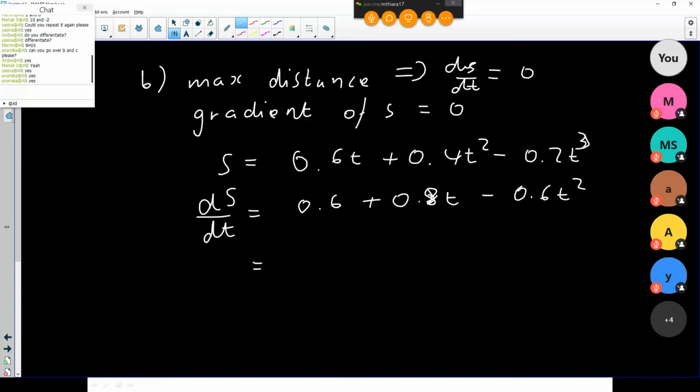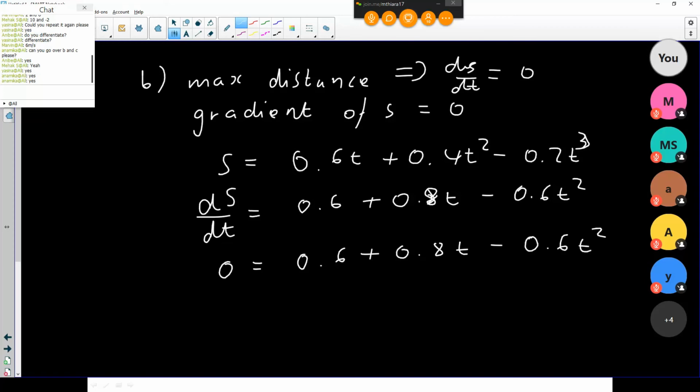Right, okay. Again, I don't have a calculator, so you're going to have to solve that quadratic. Well, firstly, you're going to make this gradient equal to 0. So 0 is equal to 0.6 + 0.8t - 0.6t squared.